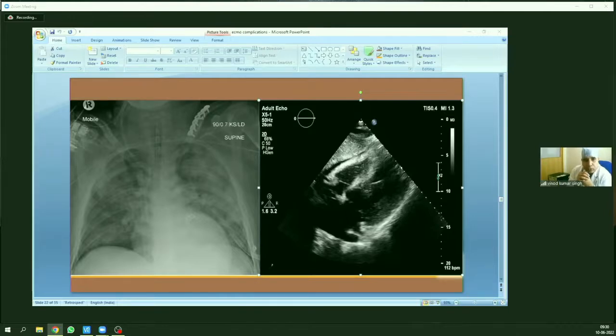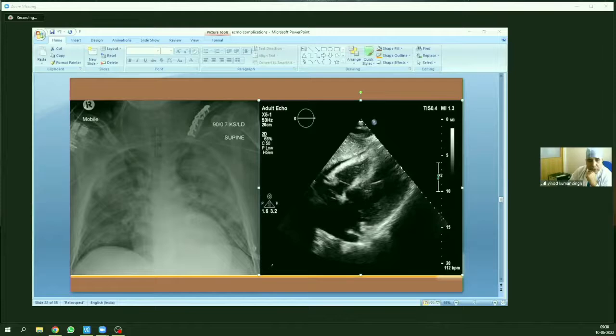If the patient has no pulsatile flow and the pulmonary edema has been worsening, and if you echo, you find that the patient has LV distension and no aortic valve opening, then you can decrease the MAP and decrease the ECMO flow, and also increase the inotropic support or IABP.